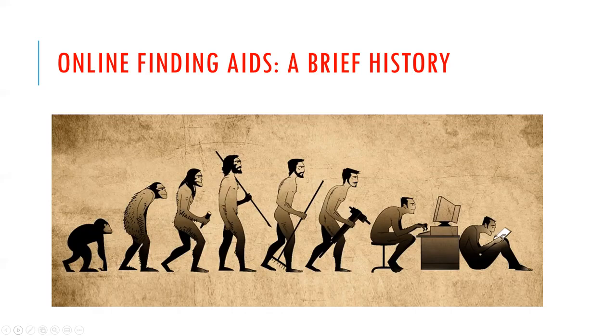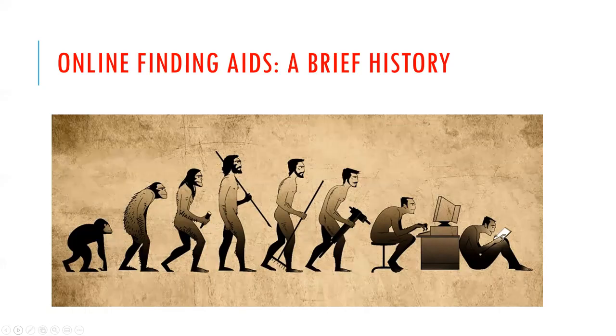So next we'll shift gears a little bit and talk about online finding aids. This is something that the Walton article for this week looked at, and it discussed how online finding aids have evolved over time.